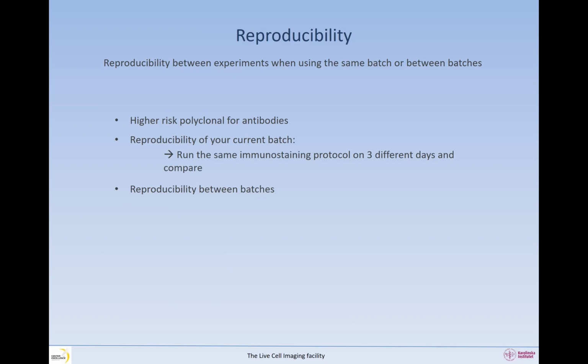then, for example, if the batch of antibodies that you are using now is almost running out, please order the new one in due time, so you can compare the two batches and see how well the new batch is performing.